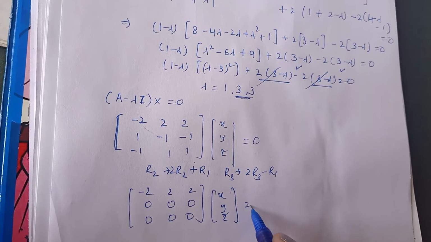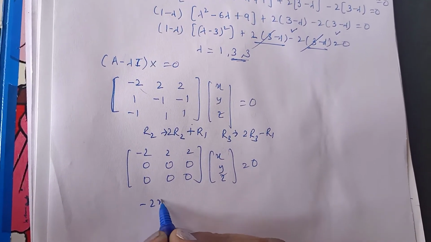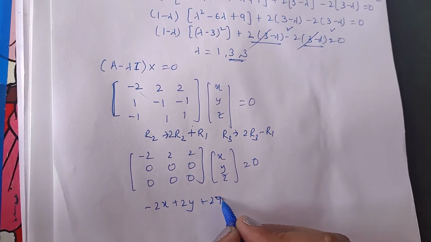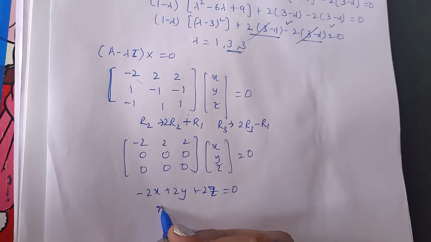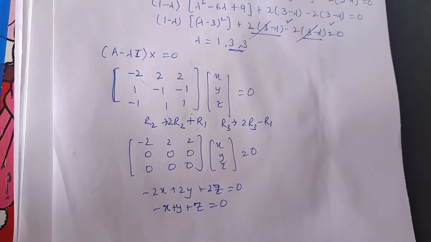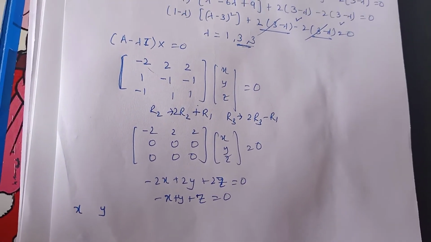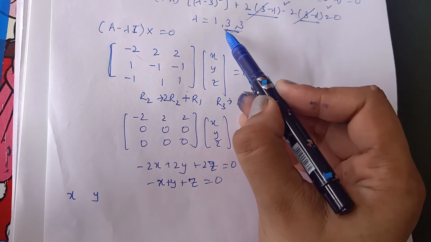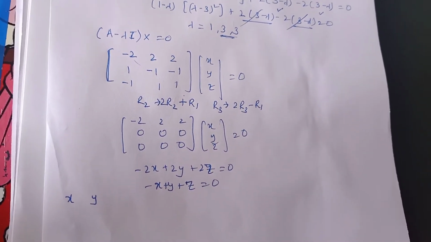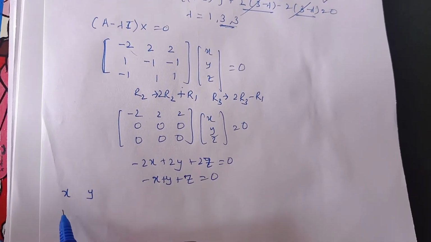So now observe, we have 3 unknowns and we have obtained just one equation. So in this case we have to choose 2 variables as free variables. Again there are choices here, you can choose any 2 variables as free variables, but since we have these 2 eigenvalues and corresponding to each eigenvalue there is a non-zero eigenvector, I will be making a choice like this.